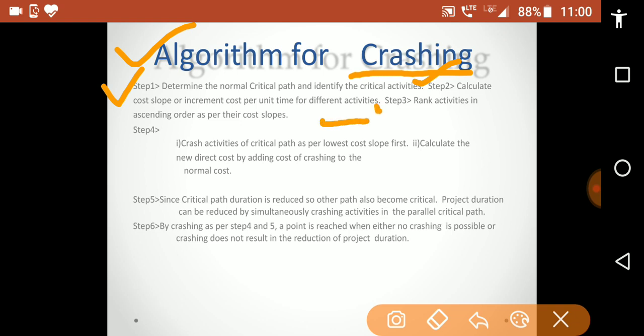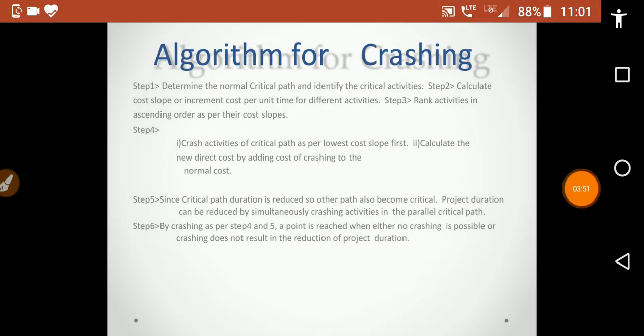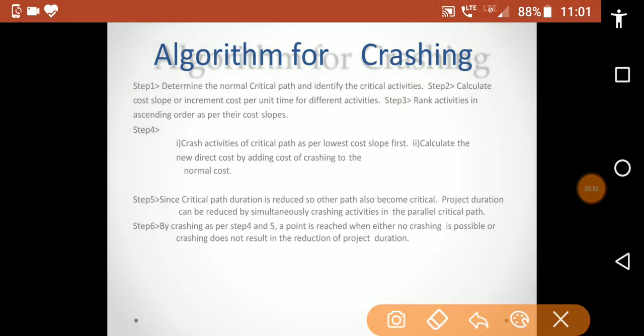Step 3, rank activities in ascending order as per their cost slope. Step 4, crash activities of the critical path as per lowest cost slope first, then calculate the new direct cost by adding the cost of crashing to the normal cost.